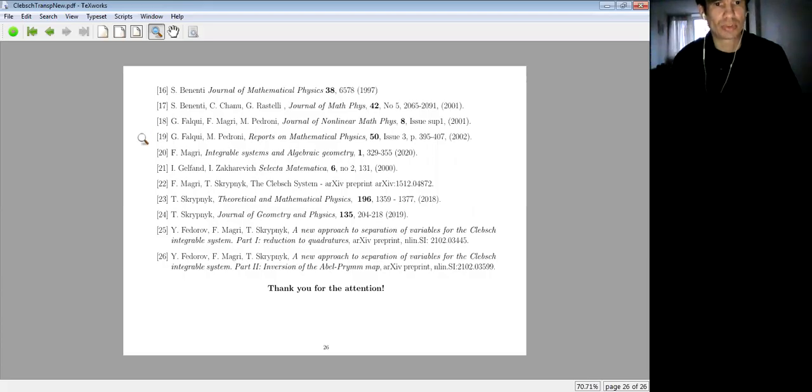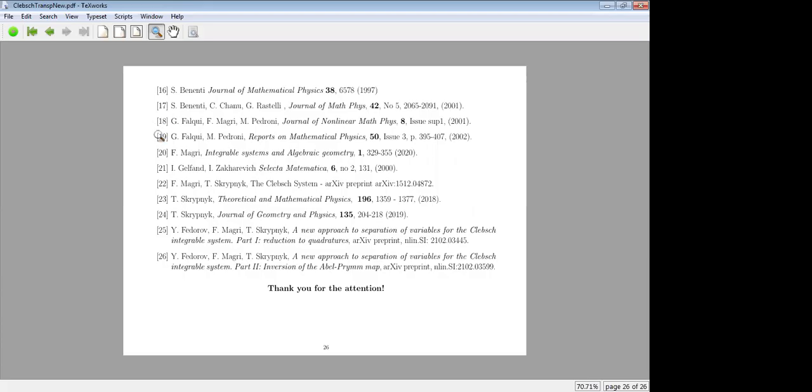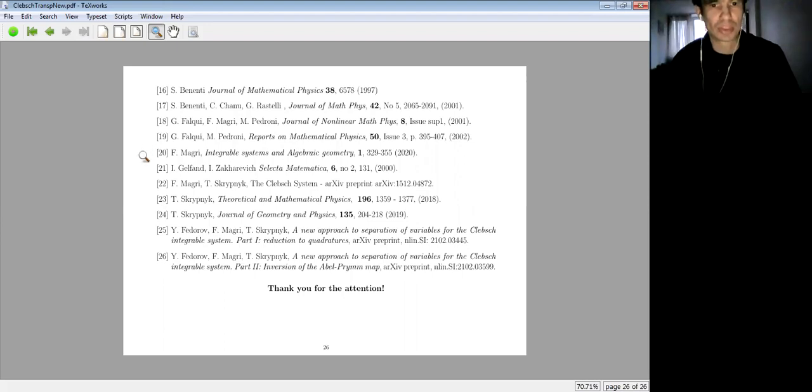Then two papers of Falqui, Magri, Pedroni, Falqui and Pedroni on the Hamiltonian separation of variables. A recent paper of Franco Magri about the differential conditions, he calls them Kowalevski type conditions, for the separation theory.